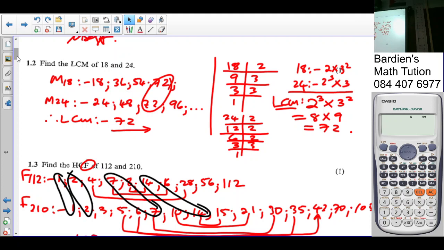The smallest number that 18 and 24 can divide into without a remainder is 72. You guys understand?